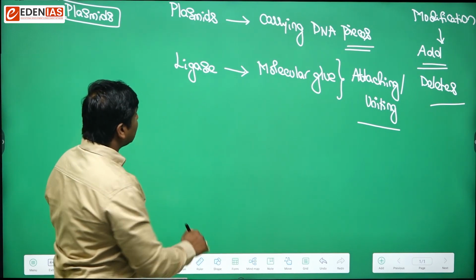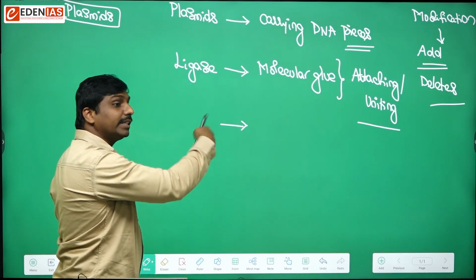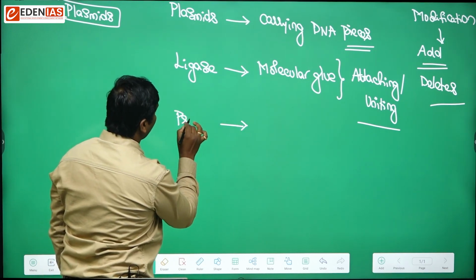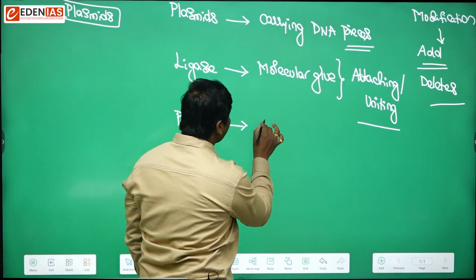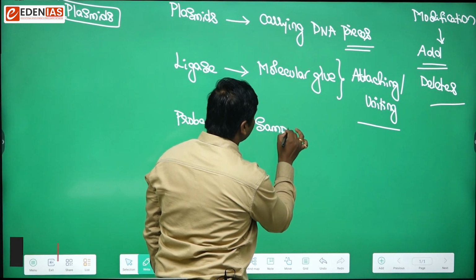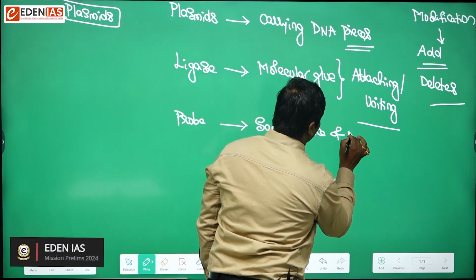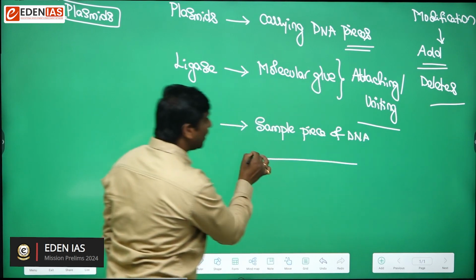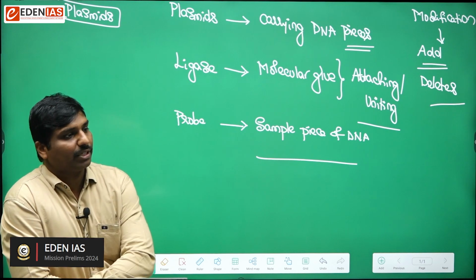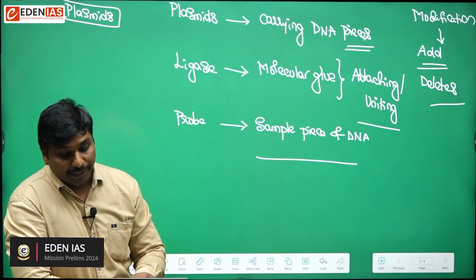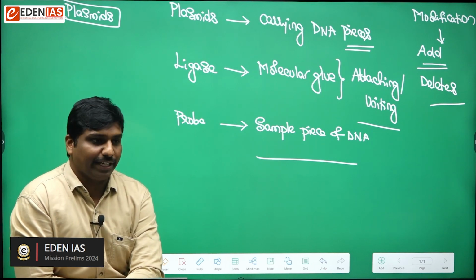This sample piece of DNA that we use to compare the results is something called a probe. Probe is the sample piece of DNA that genetic engineers use to compare the final results. So probe is another thing that you have to remember. These are some of the important tools that we have to remember with respect to genetic engineering.